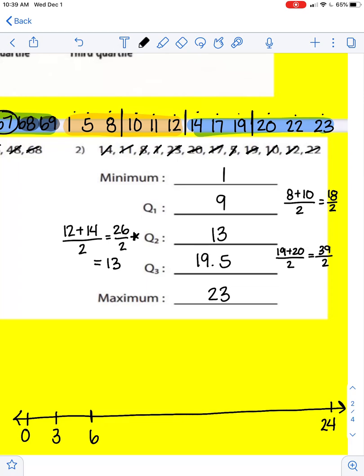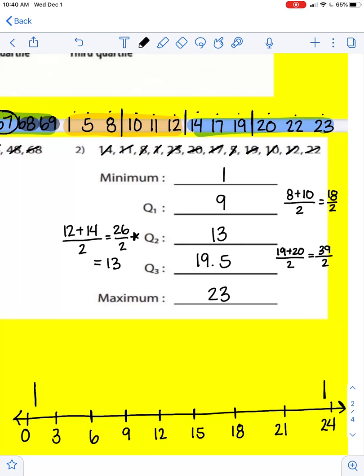So I'm going to do 3, 6, 9, 12, 15, 18, 21, 24.